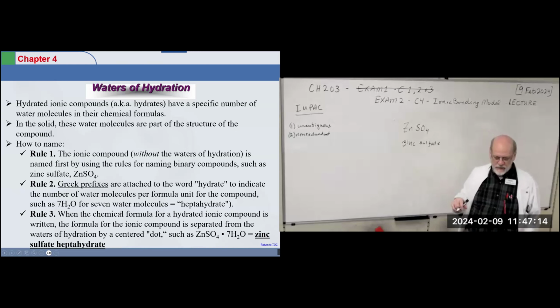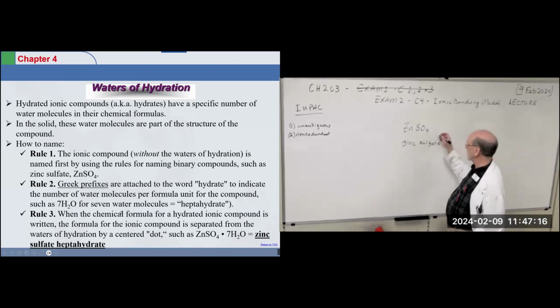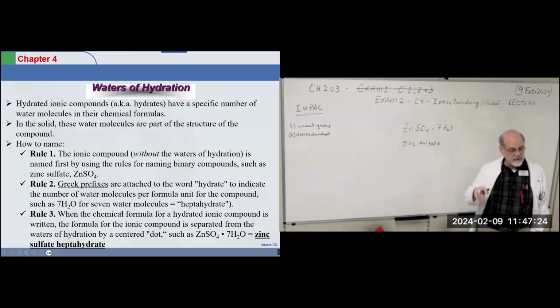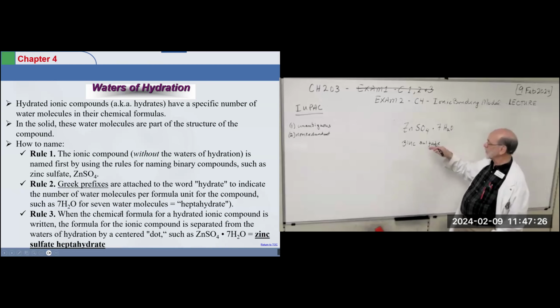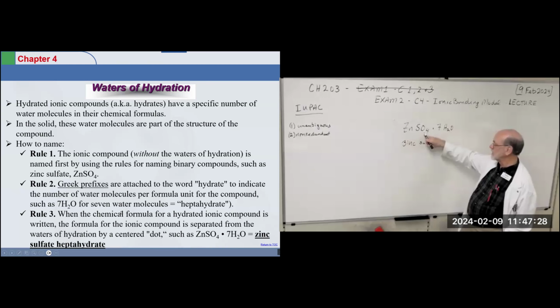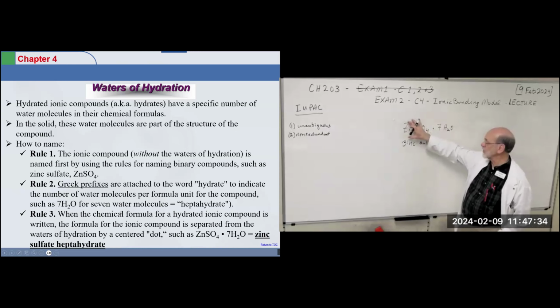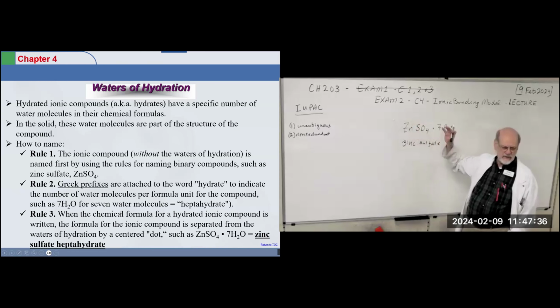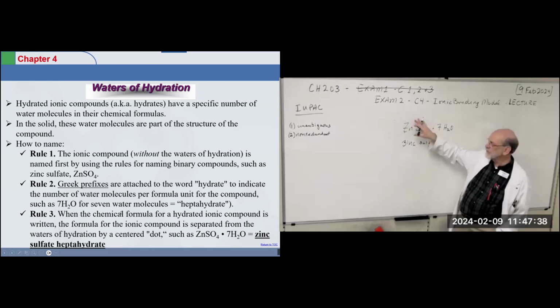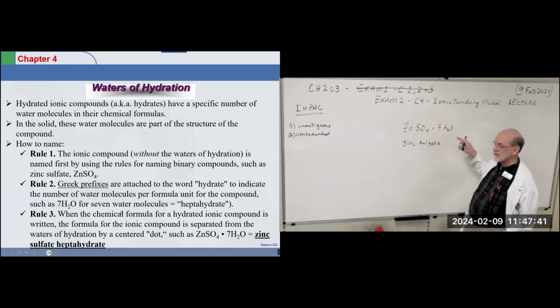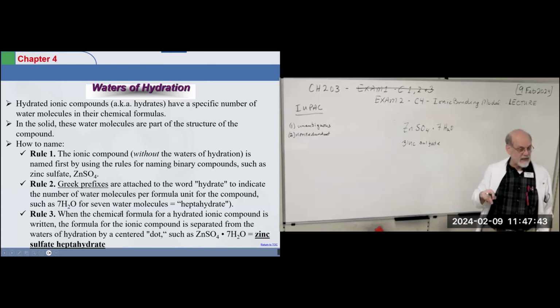But zinc sulfate has a tendency to accumulate when we dry it at 105 degrees, it'll hang on to 7 water molecules in its crystal structure. So for every 1 mole of that compound, you have 7 moles of that water. Or for every 1 formula unit of zinc sulfate, you have 7 molecules of water attached to it.